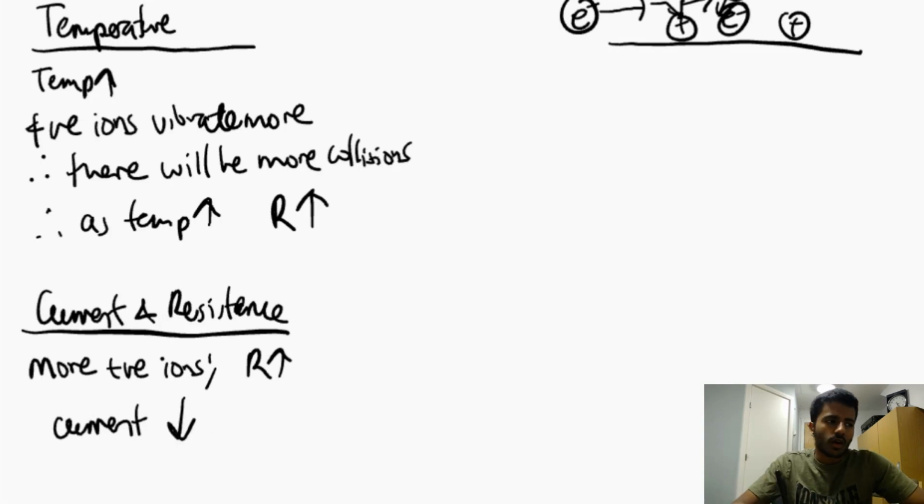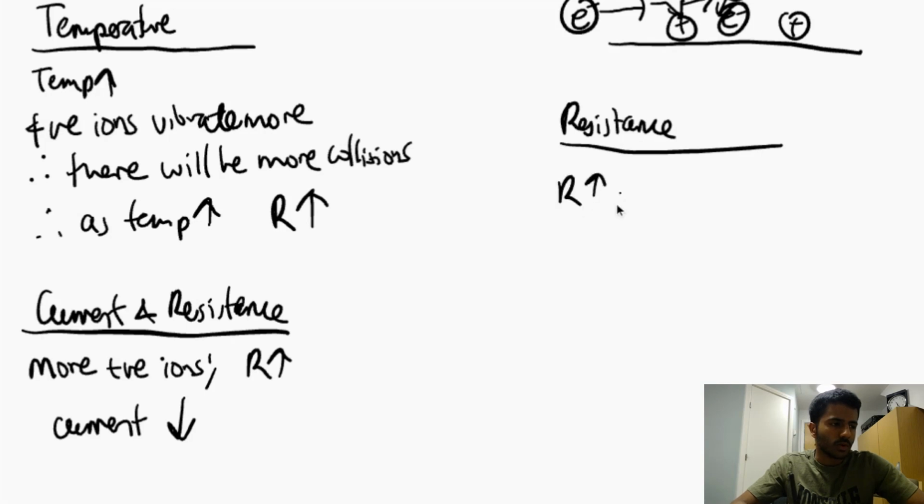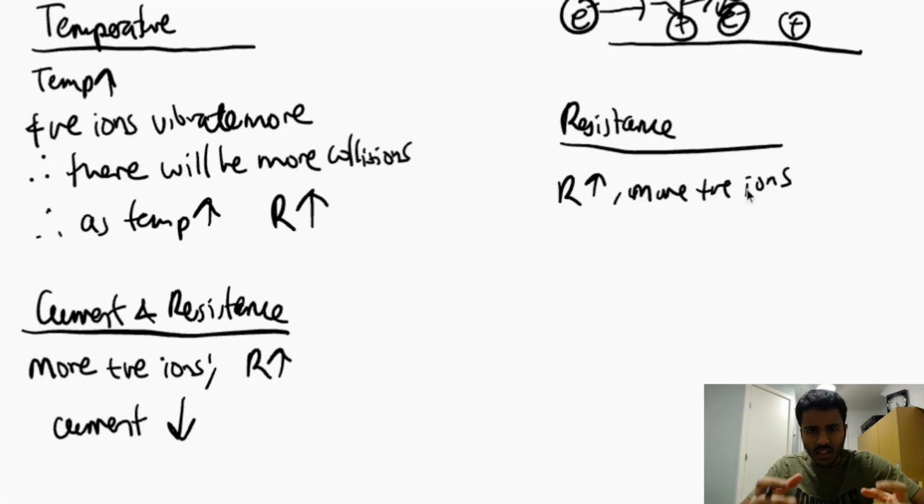Also, if there are more positive ions, you know the resistance increases. So resistance increases with more positive ions. It means that the energy needed for an electron or whatever to go through this resistance is greater.